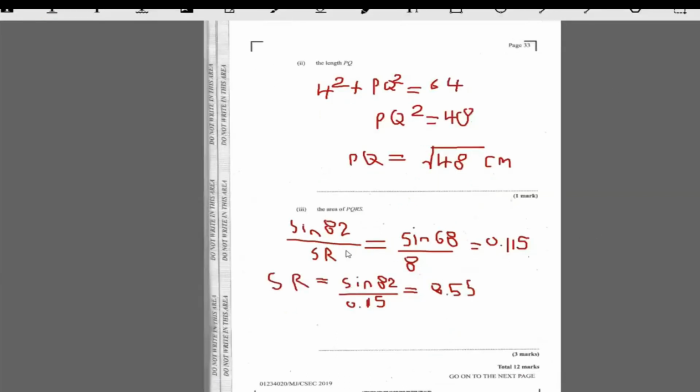So now I'm going to find the area of the quadrilateral.